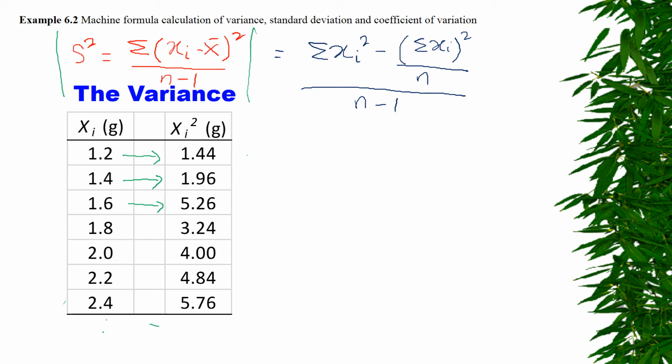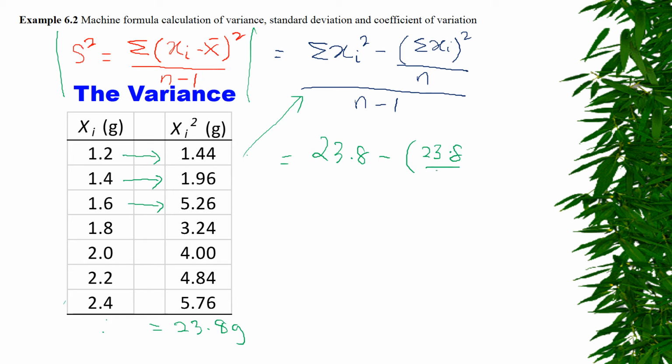So the summation of x1 will be 23.8 grams. So only by using this data, you can straight away put it into the formula: 23.8 squared divided by n.